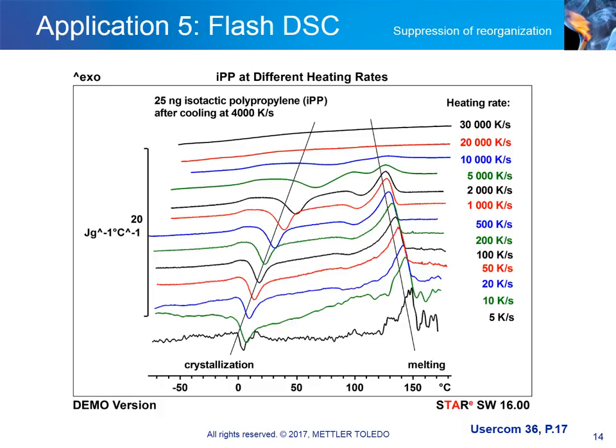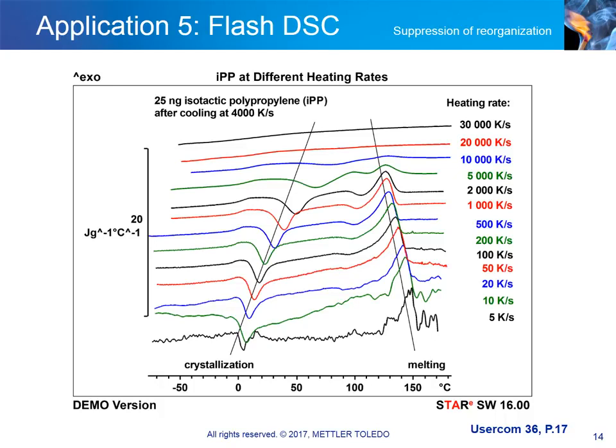This is immediately followed by an exothermic peak, which we attribute to the cold crystallization. This peak is sensitive to the heating rate, increasing from about 20 to 80 degrees Celsius for the rates shown. Before the melting process, we find another small exothermic peak, which represents a reorganization process.